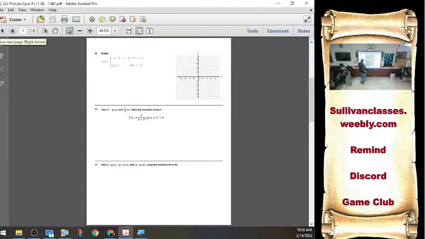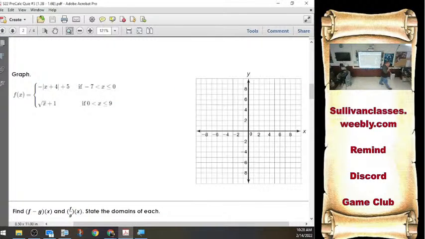Okay, backside. Graphing piecewise functions. We said, we seemed pretty good with these. It was just a matter of I need to graph them in their entirety most of the time. And then after that, I'll erase the parts that don't matter. So, when I see absolute value, I know it's a v.